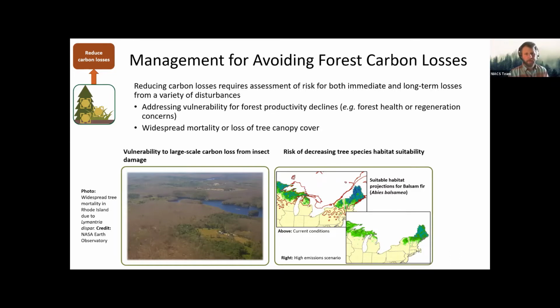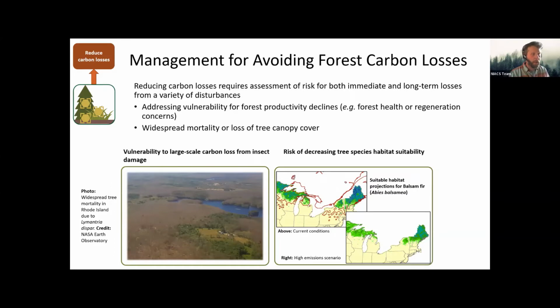A different way to think about carbon losses, again over a longer stretch of time, is thinking about how the habitat is changing, and then the ability to maintain productivity in a system that's dominated by a species that is having reduced productivity or reduced growth rates just because of higher temperatures or changes in precipitation.